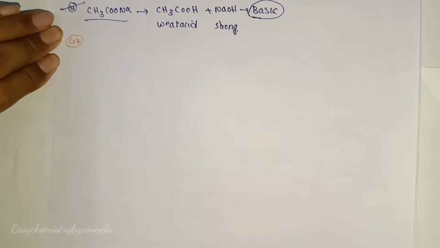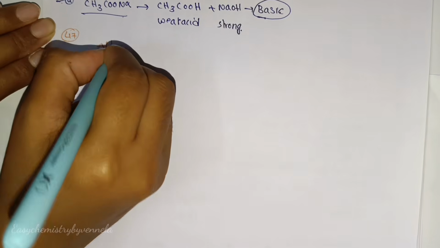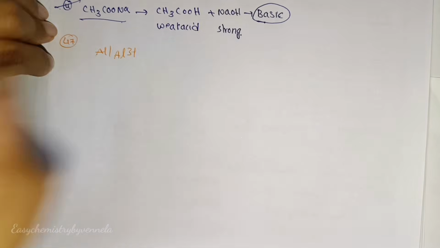Next question. Aluminium displaces hydrogen from acids, but copper does not. A galvanic cell prepared by combining Cu/Cu2+ and aluminium Al3+ has an EMF of 2.0 volt at 298 Kelvin. If the potential of the copper electrode is 0.34, that of the aluminium electrode is, you have to find out the aluminium electrode.